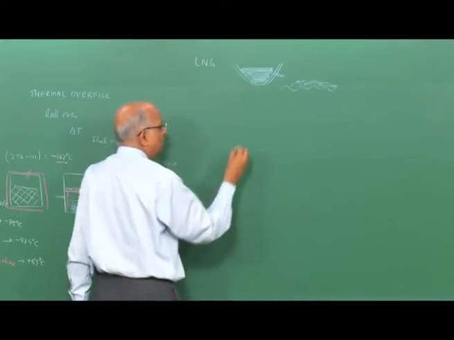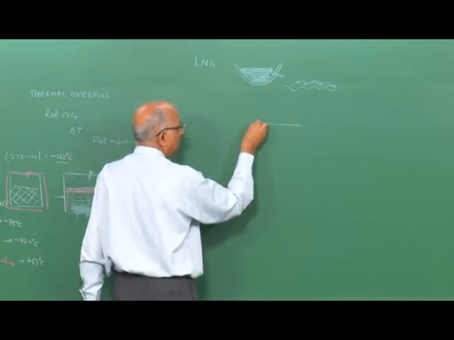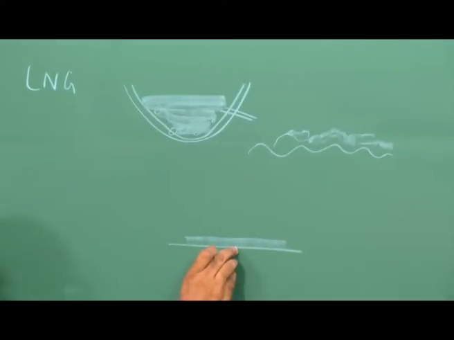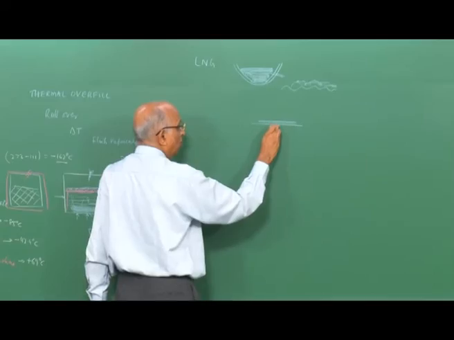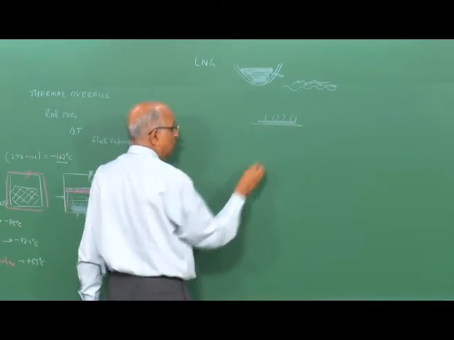Why did we say it is dangerous? Because if LNG leaks over the surface of the earth, because the LNG is very cold, it immediately cools the earth, and also it flashes into vapor because its boiling temperature is very low.